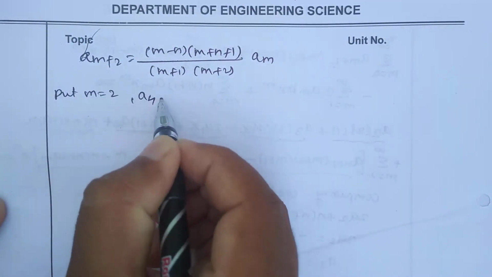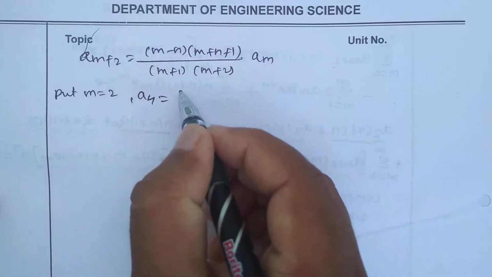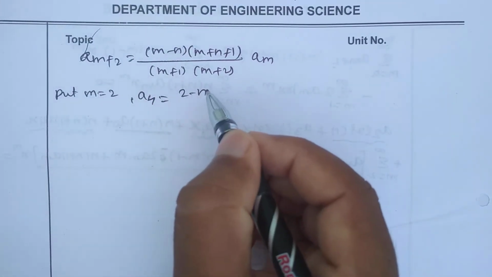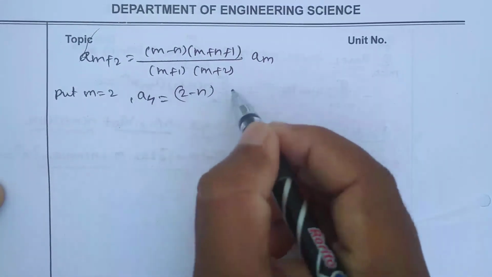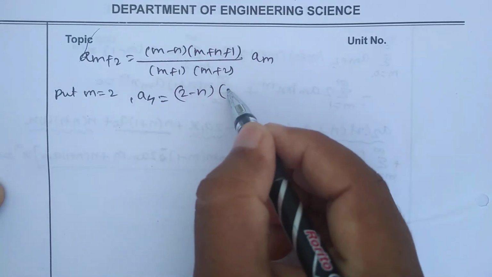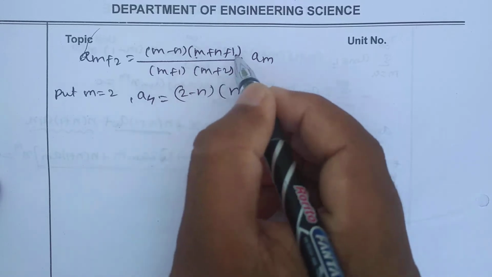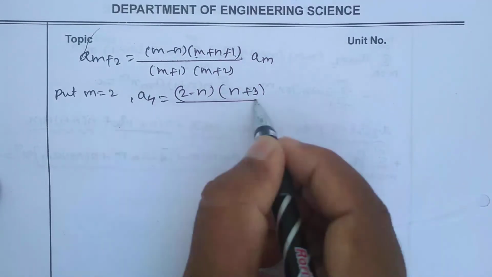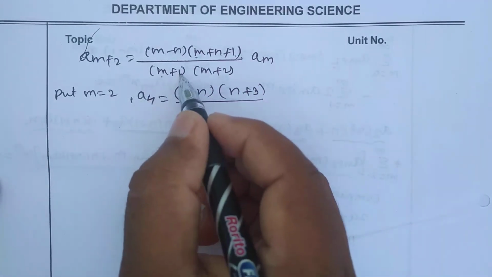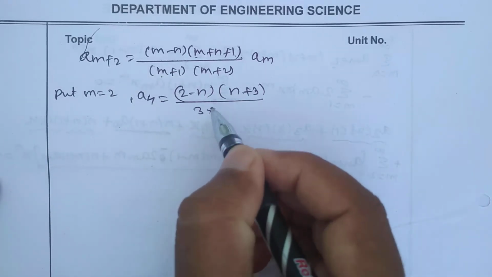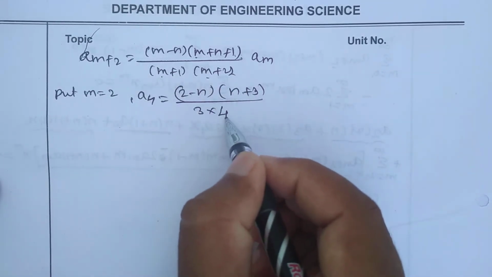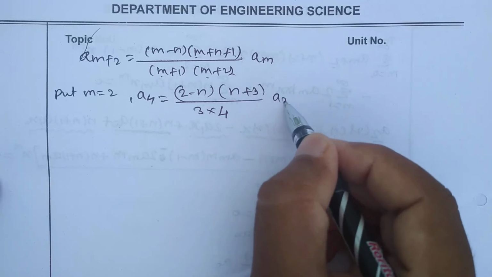So we will get a4 is equals to 2 minus n into n plus 3, here value of m is 2, 2 plus 1 is 3, so n plus 3 are there, upon value of m is 2, 2 plus 1 is 3 into this 2 plus 2 is 4 into a2.